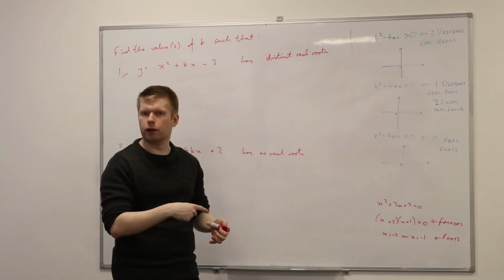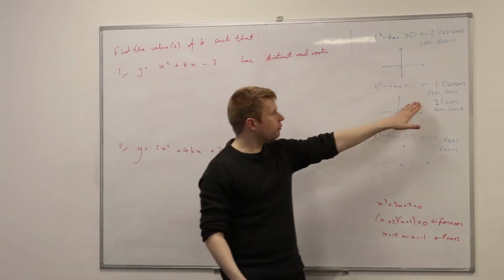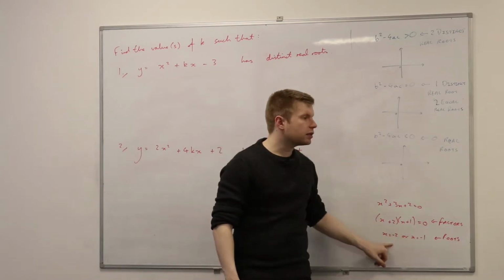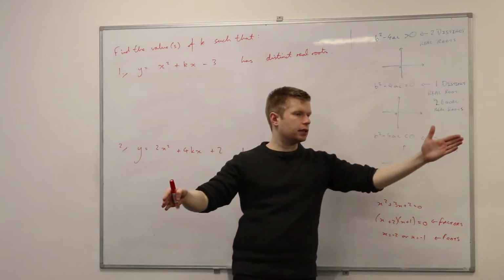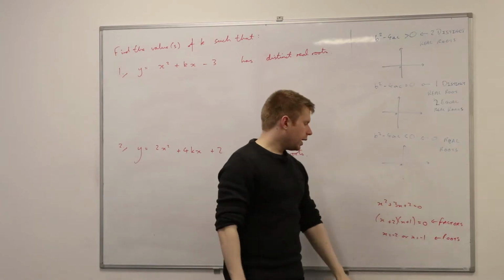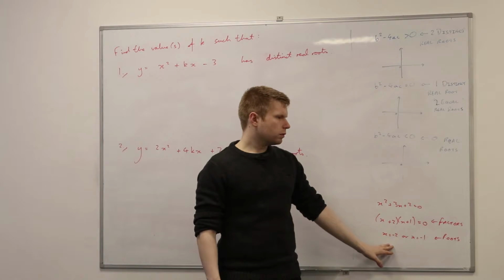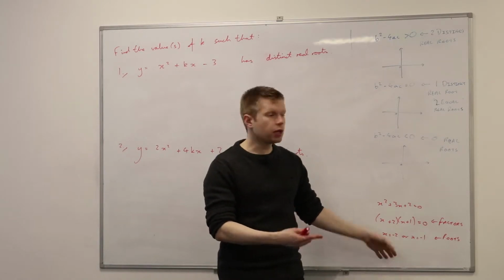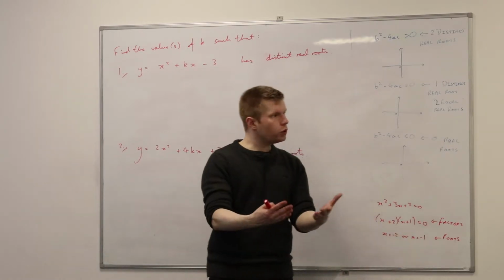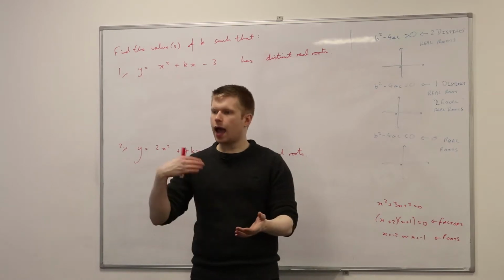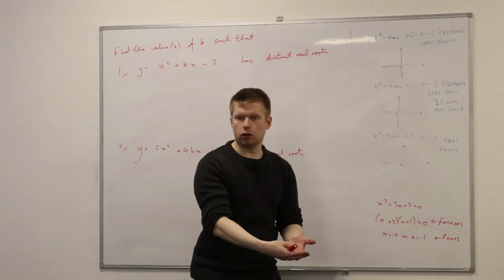When I'm looking for the roots, I'm looking for x equals this, x equals this. What do these correspond to? The x-intercepts. A root is just another way of saying x-intercept.